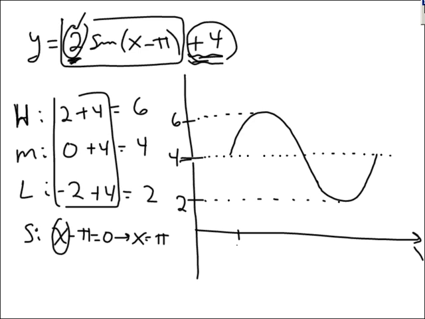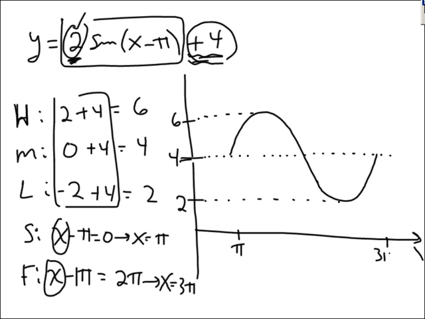It finishes when the angle x minus pi is equal to 2 pi. Well, 3 pi minus an understood 1 pi gives you 2 pi. That is, it finishes at 3 pi.